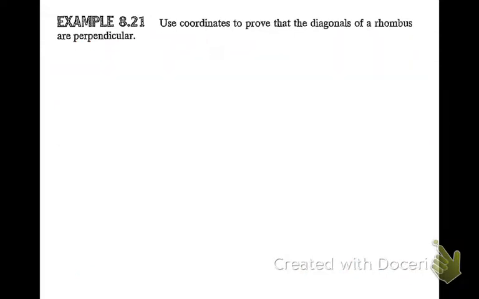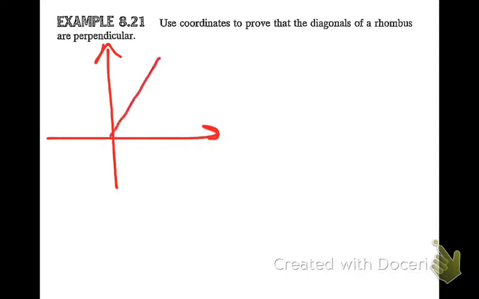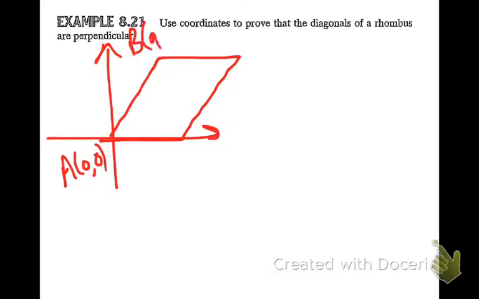Now we're going to use coordinates to prove the diagonals of a rhombus are perpendicular. So we're going to draw a rhombus. I draw my coordinate axes, and I'm going to make a rhombus with one of its sides coinciding with the x-axis. So my rhombus could look like this. If we label our points, A would be 0, 0. We could call B AB.